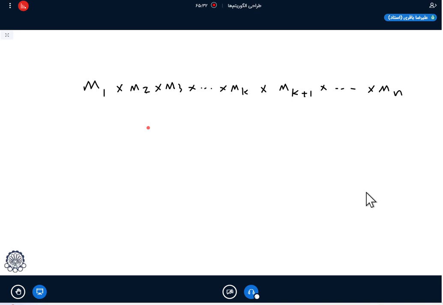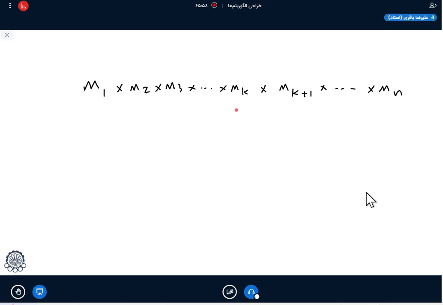When you multiply matrices, you start from one multiplication operation, then the second multiplication, and so on. So you have an order for multiplication. This order defines a parenthesis.